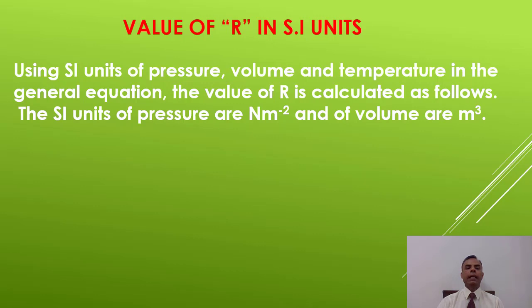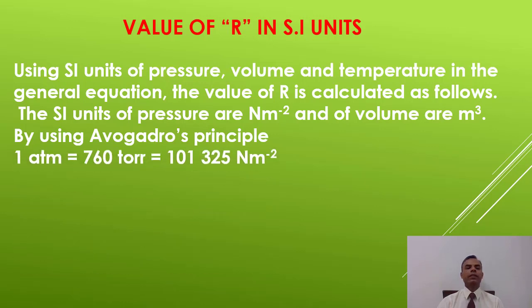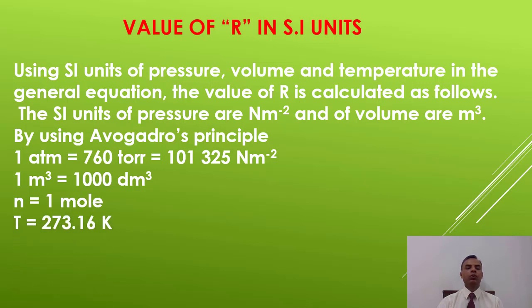By using Avogadro's principle, 1 atmospheric pressure is equal to 760 torr, that is equal to 101,325 Newton per meter square. 1 meter cube is equal to 1000 decimeter cube. Number of moles N is equal to 1 mole, and temperature of the gas T is equal to 273.16 Kelvin.